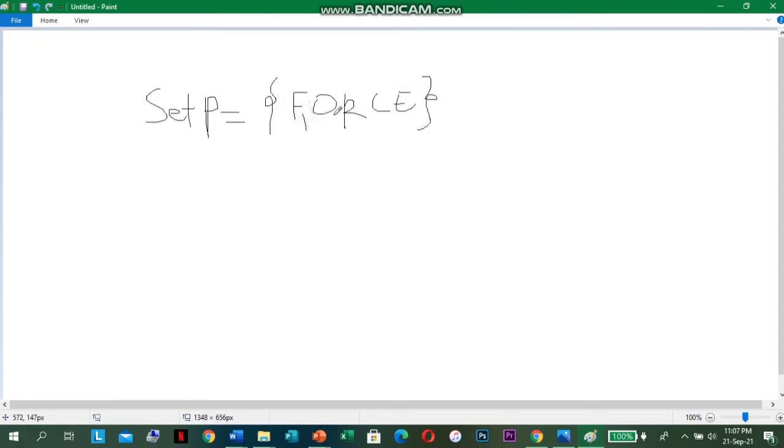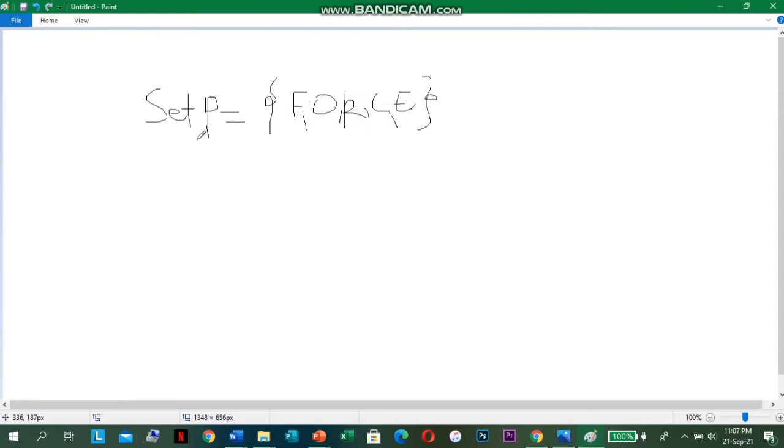So I put my comma between the letters. Always put a comma between your letters. All right, so I have set P equal to a set of letters.